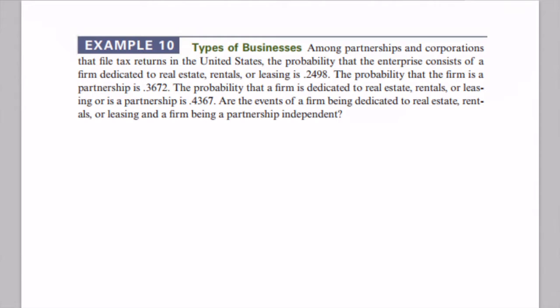Whoa. Okay, so we have E is equal to firm real estate rental and leasing. F is for partnership.